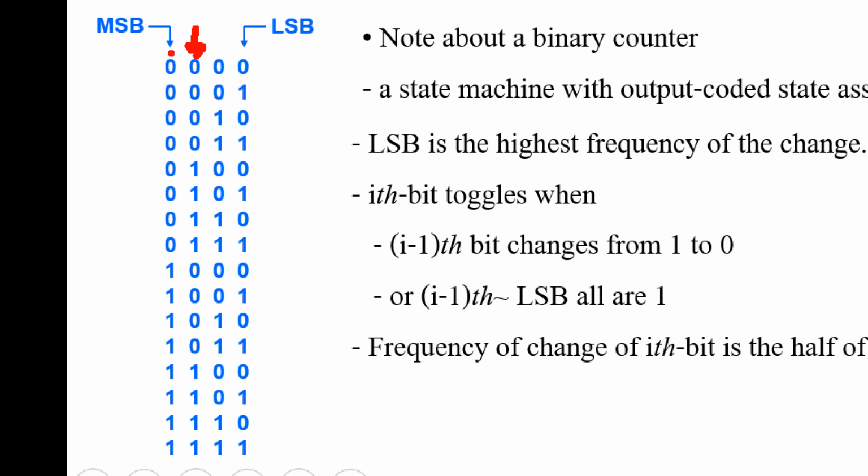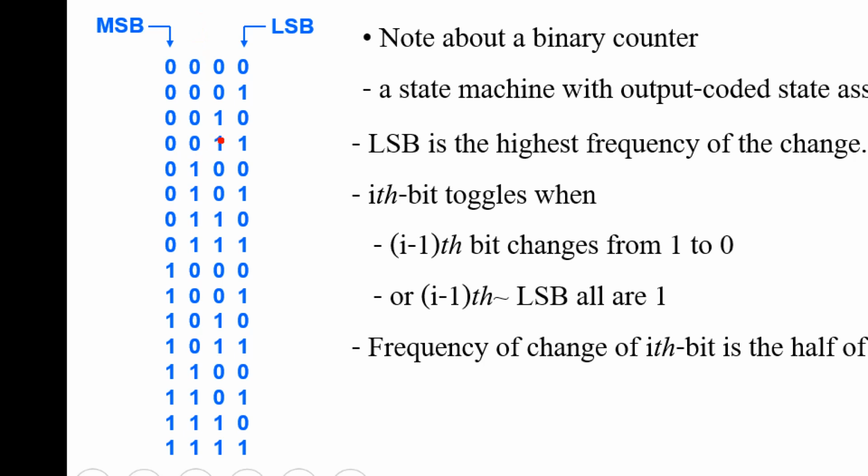And for the MSB, it is 8 clock ticks and then it changes state. So if you can determine the condition when a digit will change or toggle its value, that means you can implement the counter.